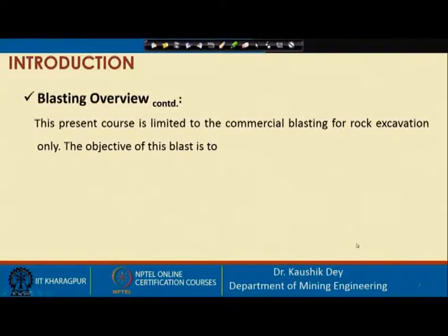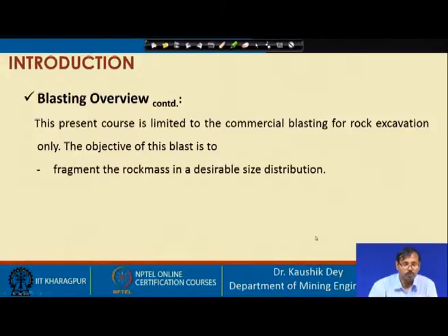This present course is limited to commercial blasting for rock excavation only, and the objective of this blast is to fragment the rock mass in a desirable size distribution. This is very important. We are not fragmenting the rock mass into a few very large pieces and a huge quantity of dust.